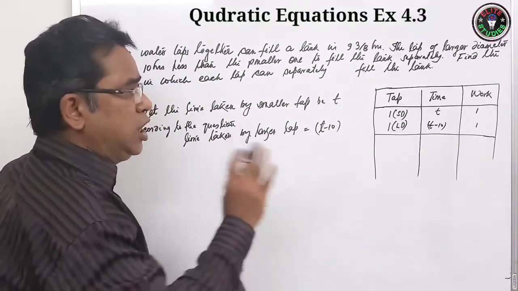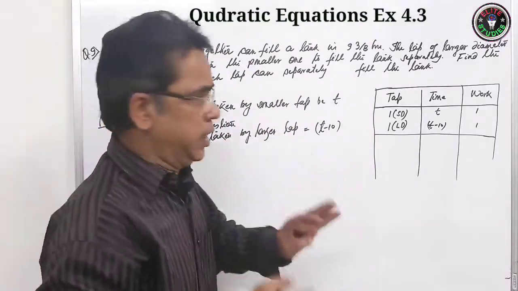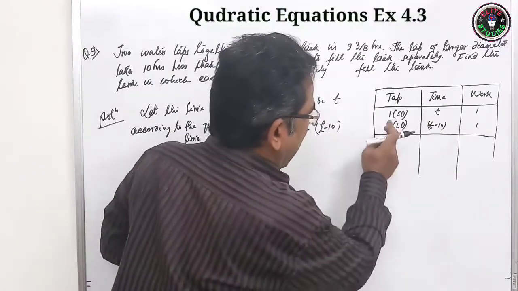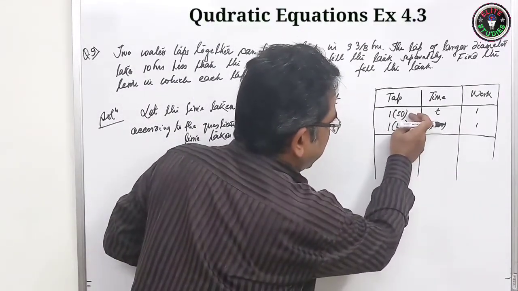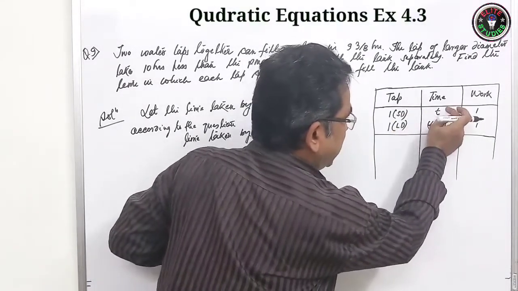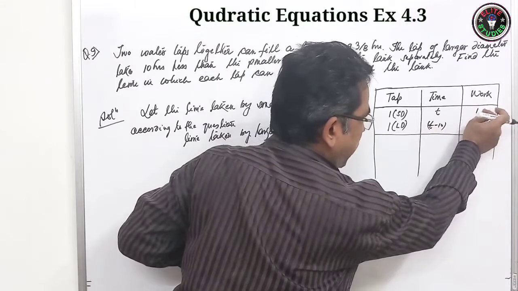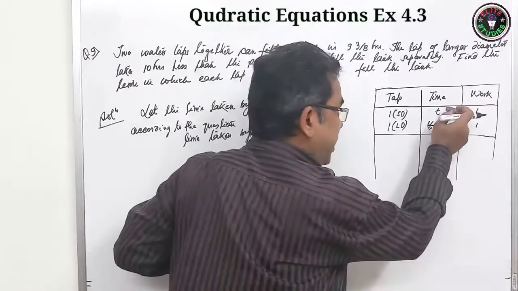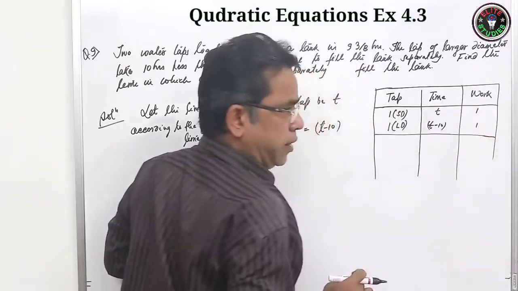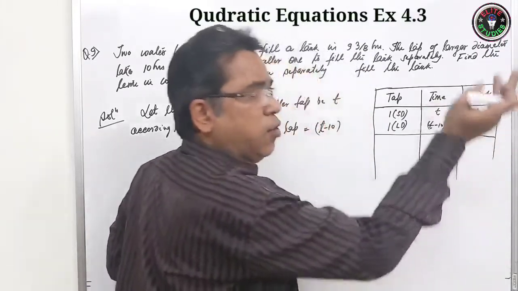Now what do you have to do in such types of questions? You find how much the smaller diameter tap will do in 1 unit time. It takes T hours to complete one work. So in 1 unit time, meaning 1 hour, suppose it takes 5 hours to complete the whole tank. Then in 1 hour, how much will it do? 1 by 5.